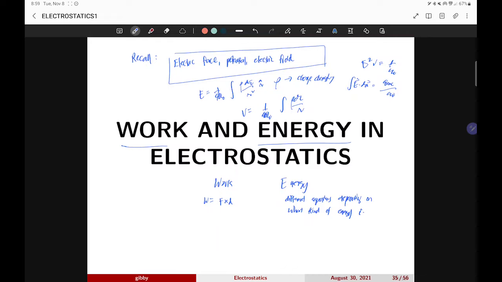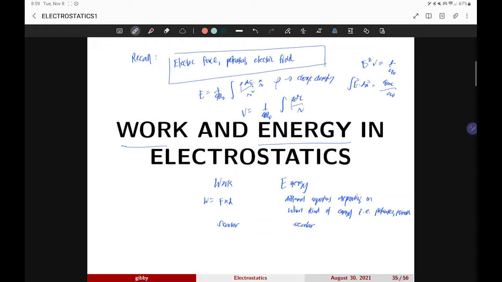Okay, example, it could be potential, it could be kinetic, it could be chemical, it could be atomic, and so on. So dalahi ang iyang equation. Also, both of these quantities kay scalar. So it doesn't depend on directions.